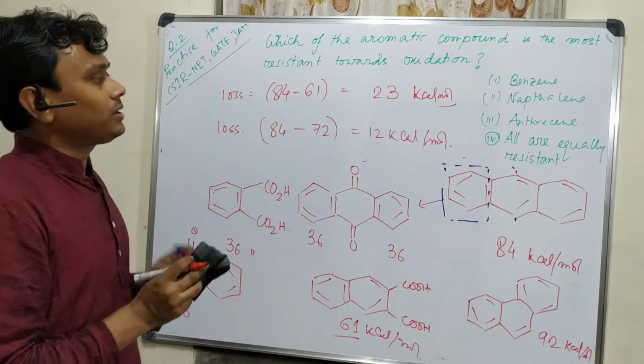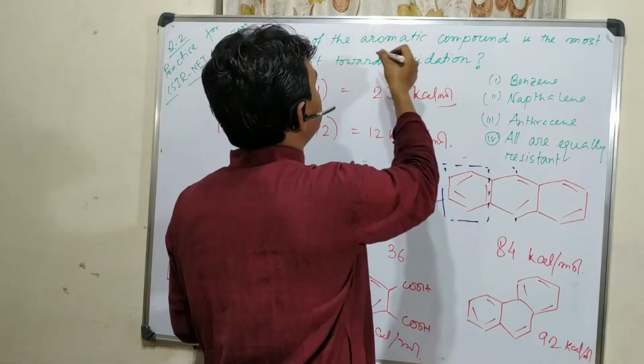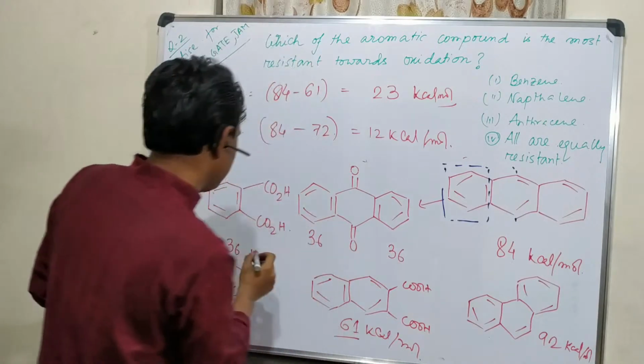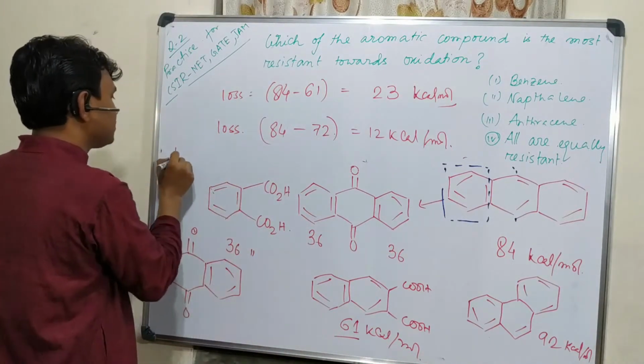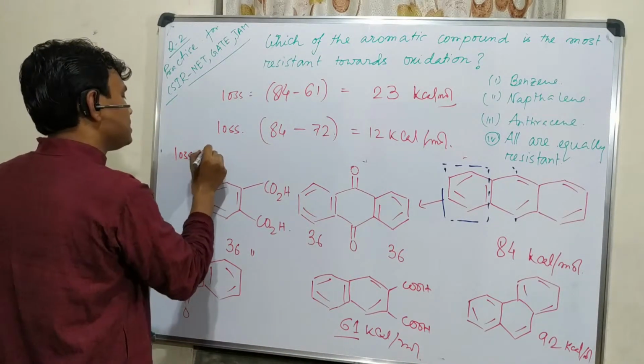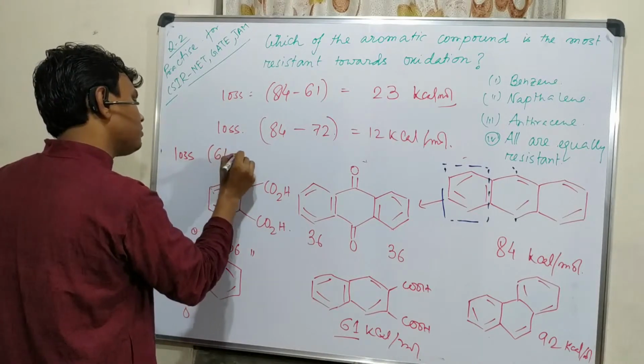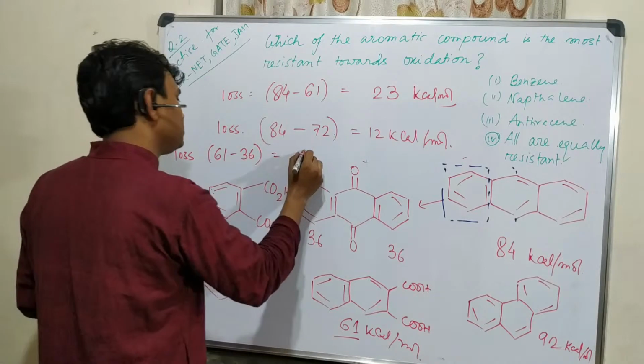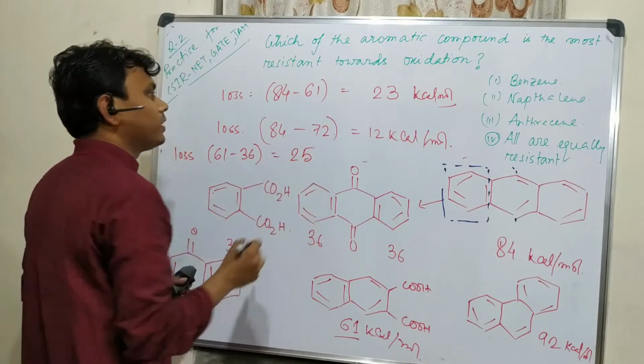So what they wanted to know is which aromatic compound is most resistant to oxidation. In the case of naphthalene, the loss is 61 minus 36, equal to 25.